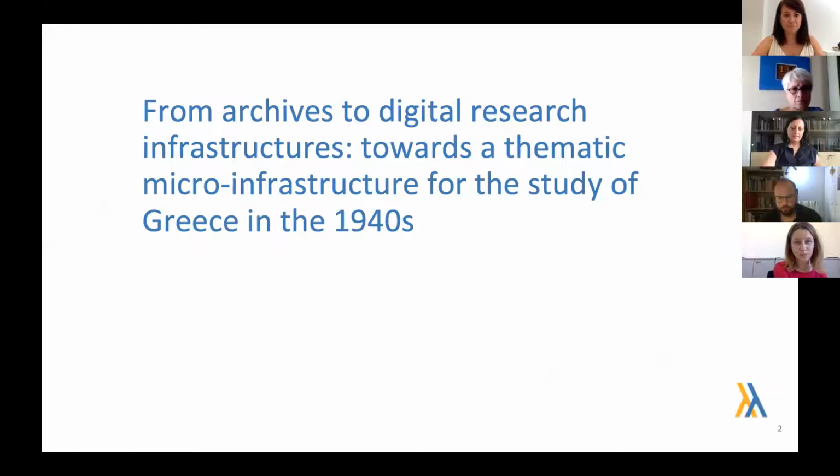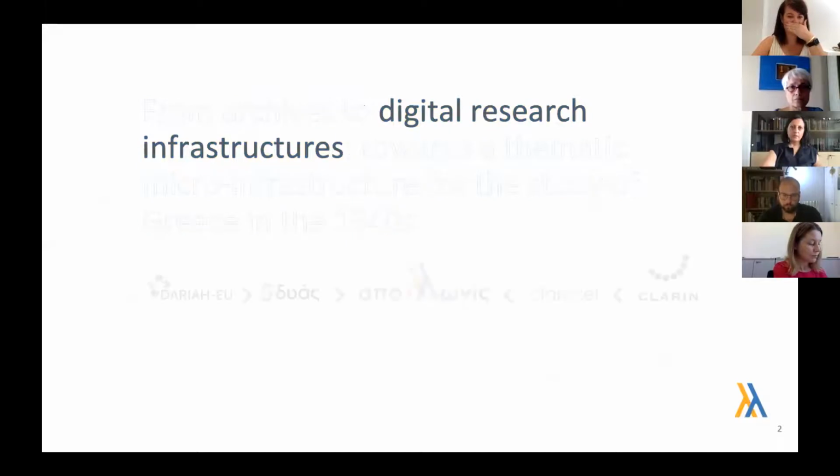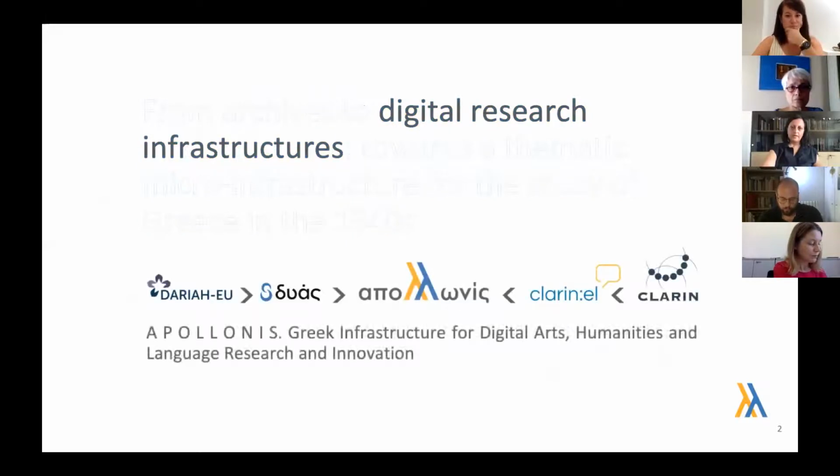So let's dive a bit into the title of my presentation, From Archives to Digital Research Infrastructures. So which infrastructures are we talking about? APOLLONIS is the Greek infrastructure for digital arts, humanities, and language research and innovation. It is essentially an umbrella for both Clarin and Daria infrastructures in Greece.